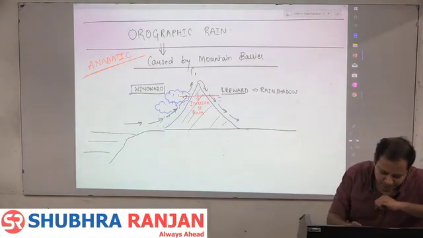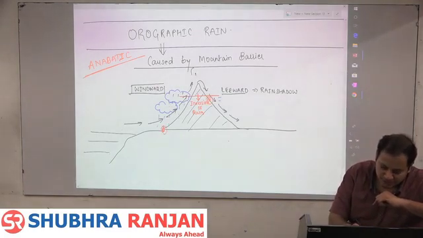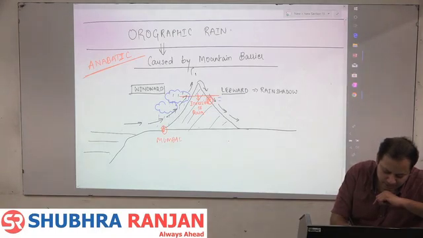So there is a favorite UPSC question: which two places have the maximum difference of rainfall? One option is Mumbai, the second option is Pune, which NCERT has given, or Bangalore.